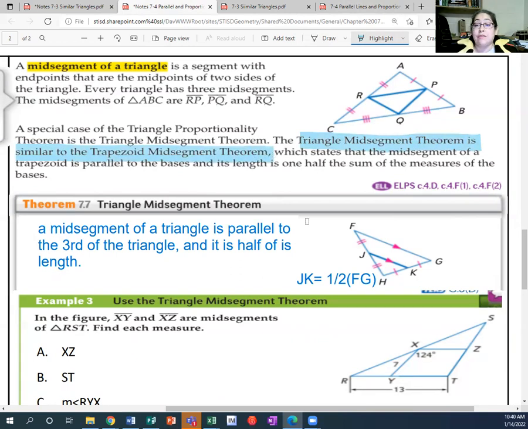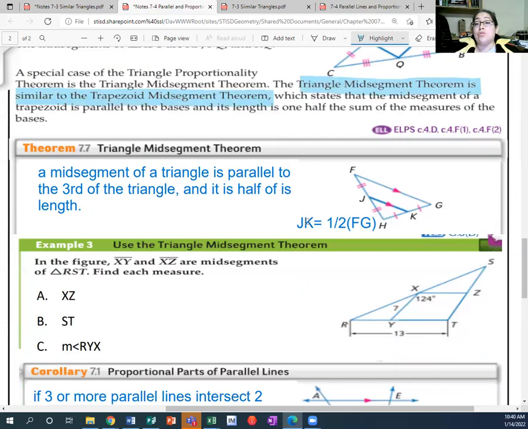So let's look at how they're related. The trapezoid mid-segment theorem had us take the 2 bases, add them together, and then divide by 2 to get the length of the mid-segment. In a triangle, we don't have 2 bases. We only have 1 base. So if we only have 1 base, there's nothing here to add it to. We're just going to take that 1 base and cut it in half to get the measure of the mid-segment.